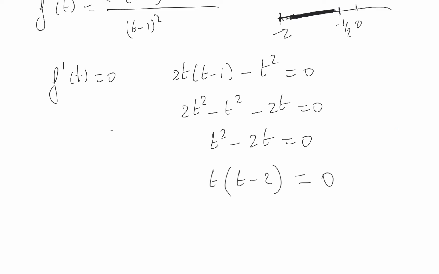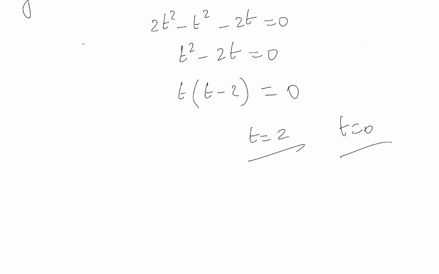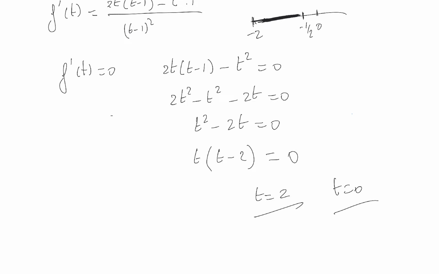So, when t equals 2 or when t equals 0. But 0 and 2 are not on the interval. Then there are no points with a slope 0 on the interval -1, -2. So we need to do like this.